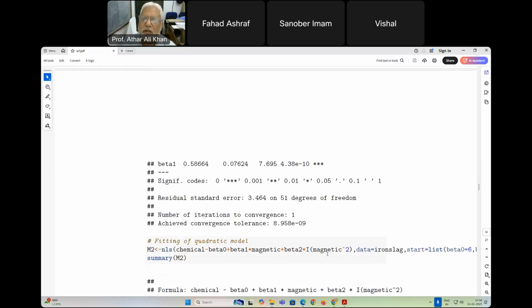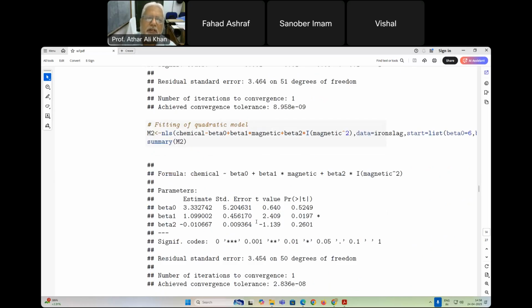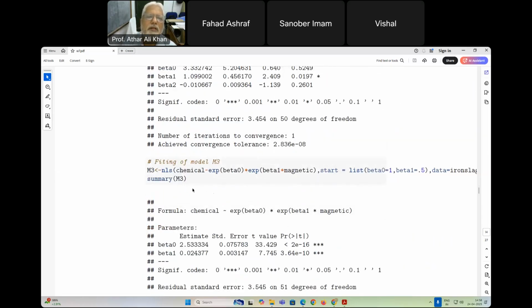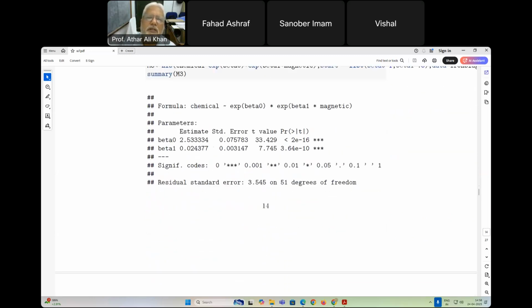This is the curvilinear model, and we are getting the result. Here, the curvilinear coefficient is not significant, beta naught is also not significant, whereas beta 1 is significant. Then, fitting the M3 model, chemical versus exp of beta naught into exp of beta 1 into magnetic, with start, and these are the results. Here, both the coefficients are significant.